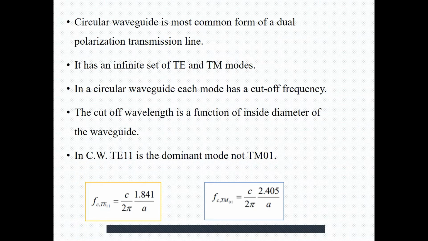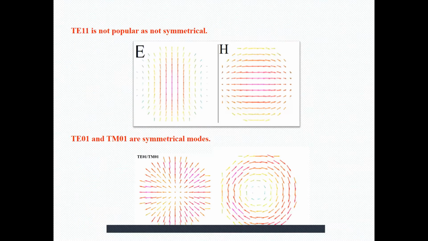TE11 is the dominant mode in the circular waveguide, but for wave propagation we are not interested in the TE11 mode, because the attenuation loss for TE11 is much higher as compared to TM01. Another reason is the asymmetrical nature of TE11. You can see here that the electric field and the magnetic field are not symmetric in TE11. So it is not popular.